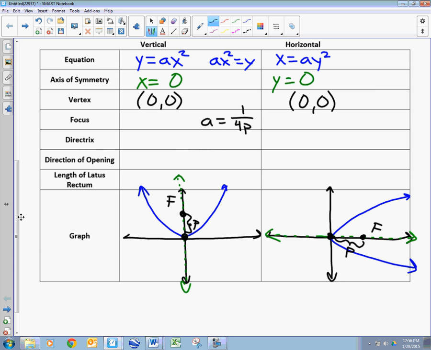If this point is p units away from the vertex, what's its coordinate? 0, p. What would be the coordinate of the focus in the next one? p, 0.